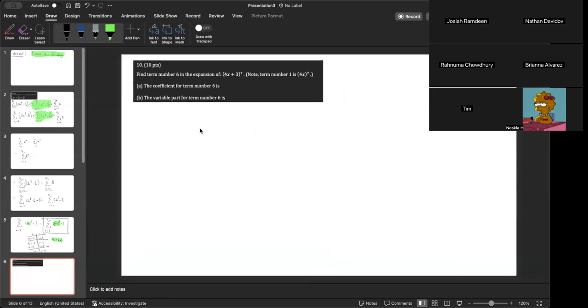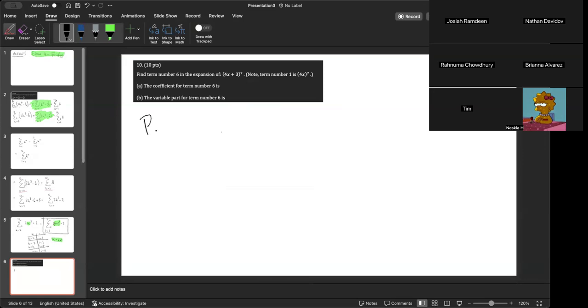So find term number 6 in the expansion of 4x plus 3 to the 7. Note term number 1 is 4x to the 7th. Okay, so here we're going to use the binomial theorem.